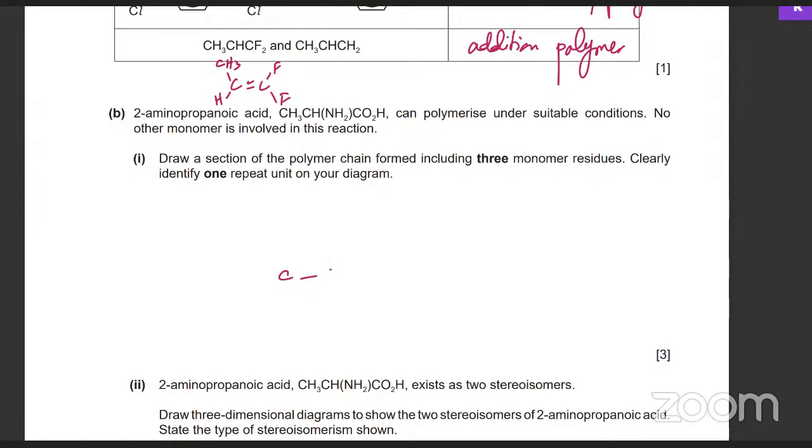has a carboxylic acid group on one side, and it's got an NH2 group on the other side, and it's got a CH3 on one side, and it's got an H on one side. I mean, focus on this carbon atom. It's got NH2, COOH, and CH3.